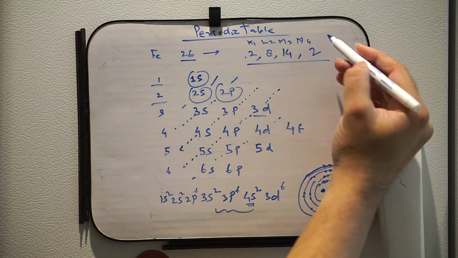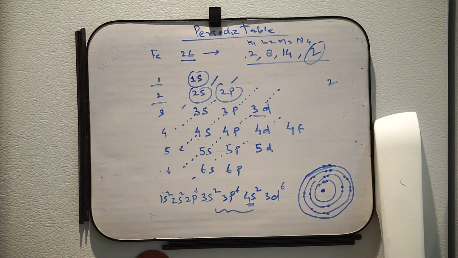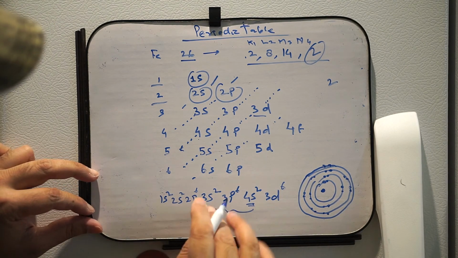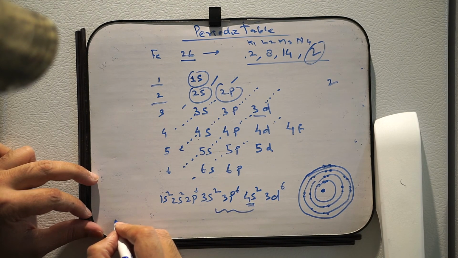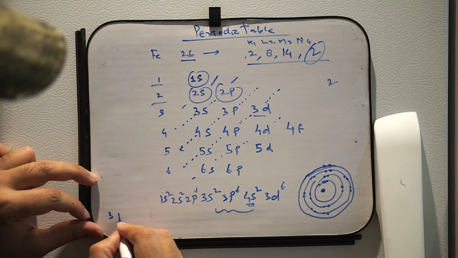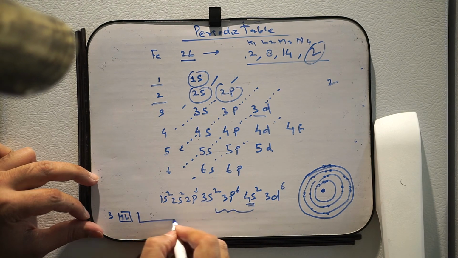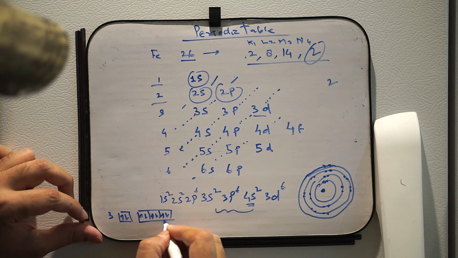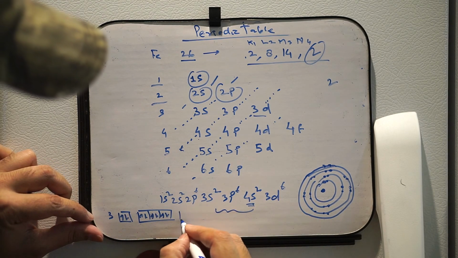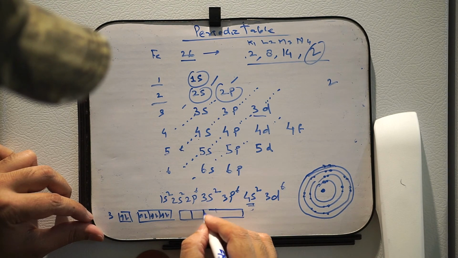So most commonly, the outermost shell, the fourth shell, has 2 electrons. So it's got a valency of 2 valence electrons. And it has the potential to give those 2 electrons. So if we were to just look at the third shell and the fourth shell of iron, this is the third, 3s2, then you've got 3p6, and we also have the 3ds. 5 configurations, right?